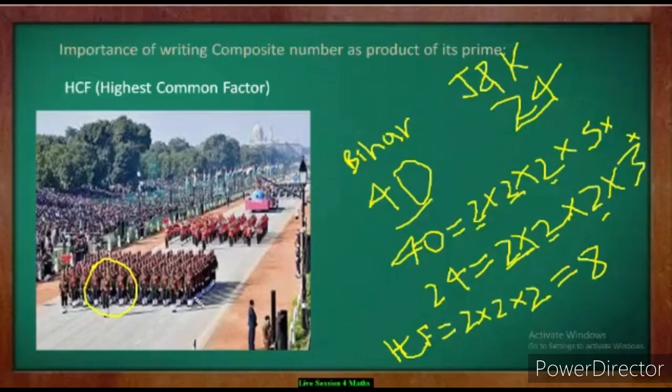So the maximum number of soldiers in one row is 8: 1 2 3 4 5 6 7 8. We can place 8 soldiers in a row and the soldiers will be arranged equally in equal number of rows and equal number of columns. So this is the application.